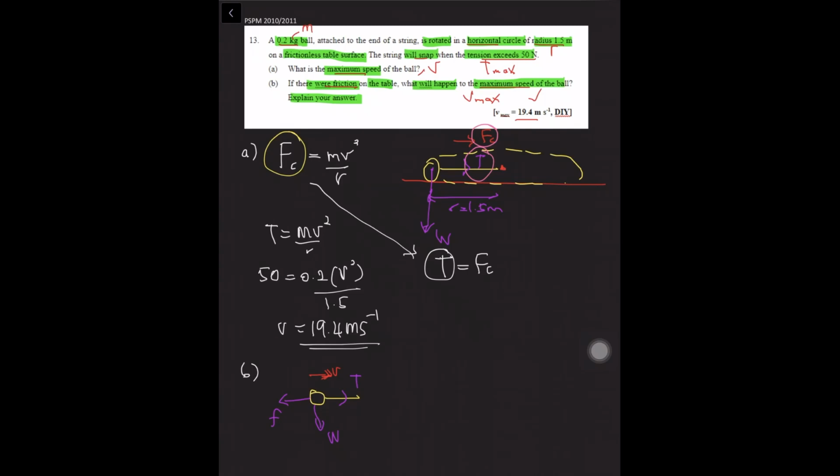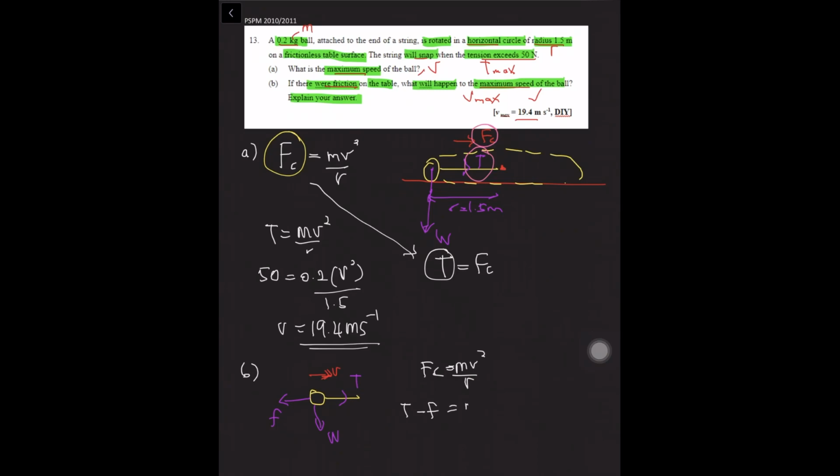So that's why friction will act to the left to prevent the ball from moving inward. So friction will act to the left side. Now when friction acts to the left, it will affect our centripetal force. Now our centripetal force Fc is equal to mv squared over r, which is tension minus friction.